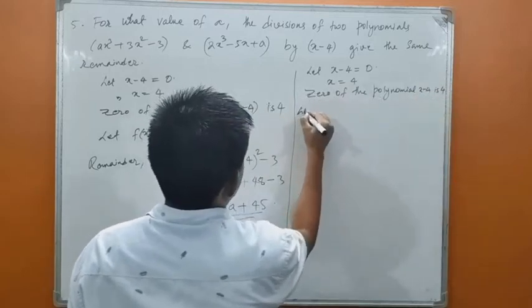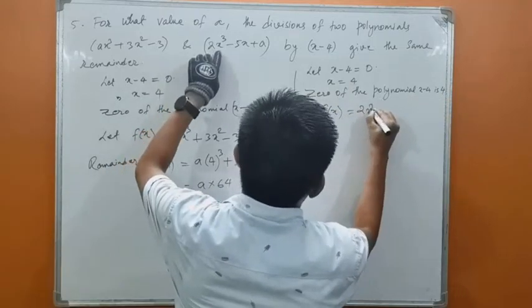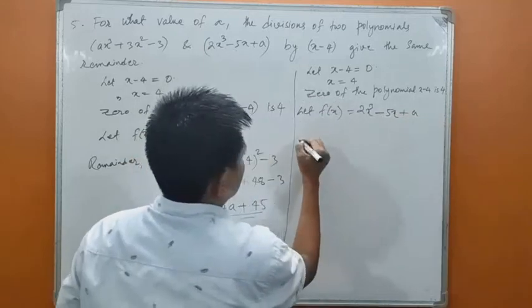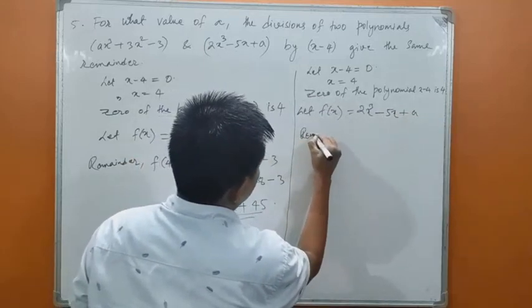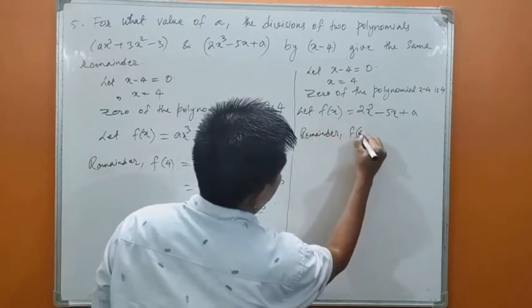So let f(x) equal to 2x cube minus 5x plus a. So the remainder will be f(4), isn't it?